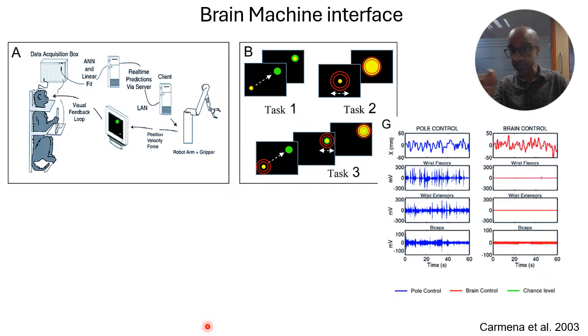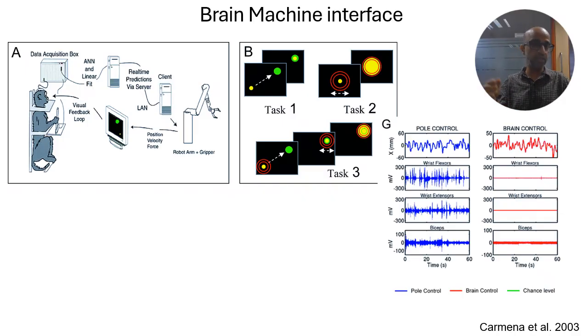Now if monkeys can do these kinds of tasks, you are going to be able to solve these problems in the real world, right? So you can create a system that aids a human who has had a spinal cord damage or some limb injury that prevents the human from doing these kinds of motion.